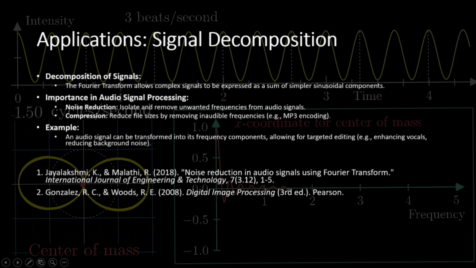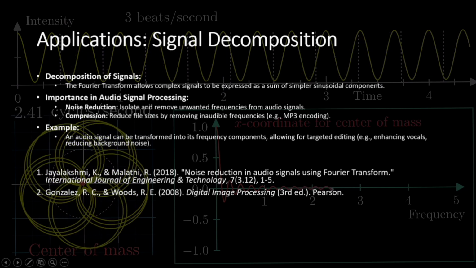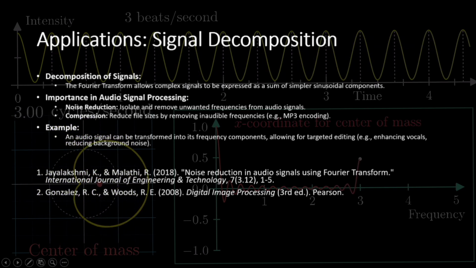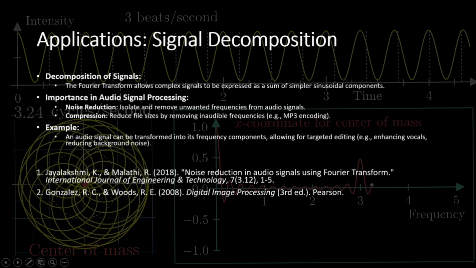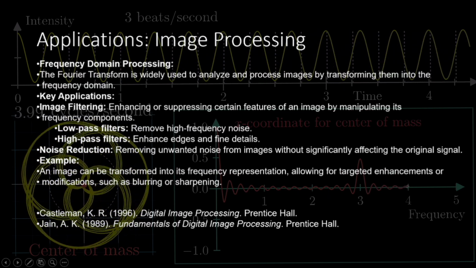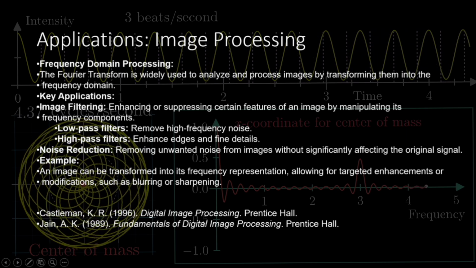So, by breaking a signal into its frequency components, we gain the ability to edit, enhance, and optimize audio content with precision. Beyond audio, the Fourier transform plays a crucial role in image processing as well.